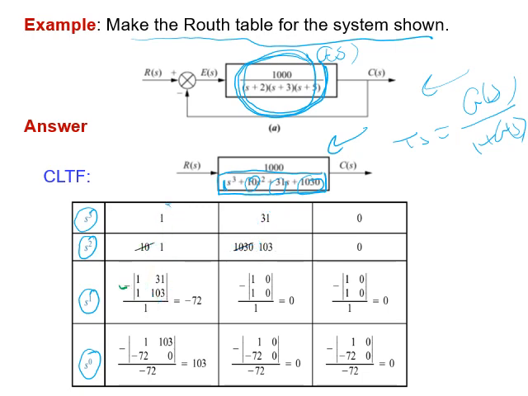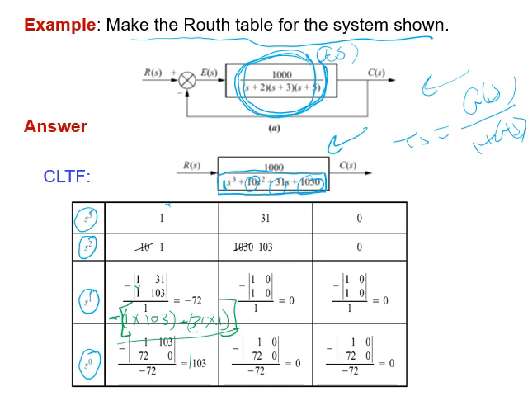Like you are going to say, to evaluate this quantity, it's equal to minus, and let me write it here, minus 1 into 103 minus 31 into 1, all divided by 1.